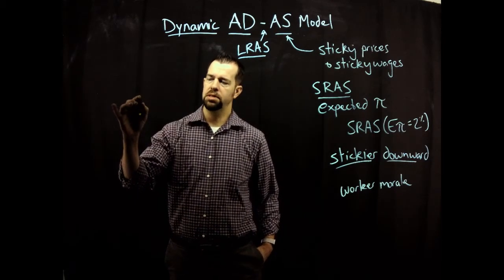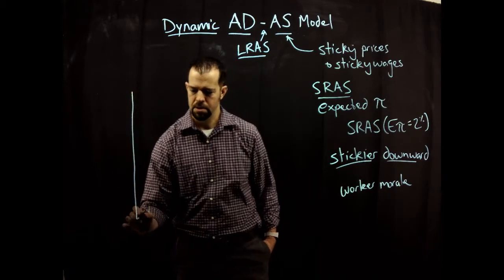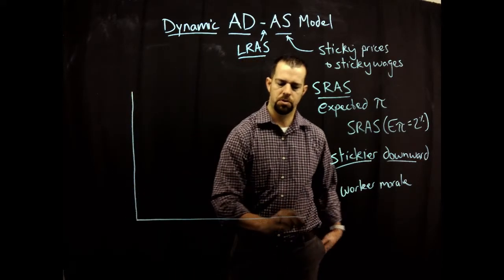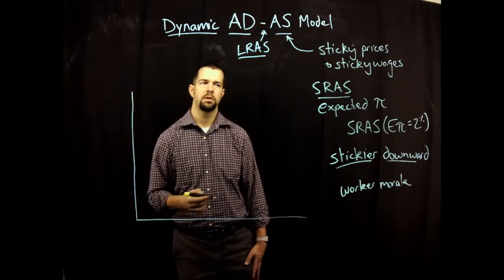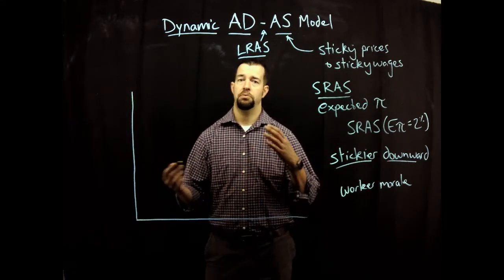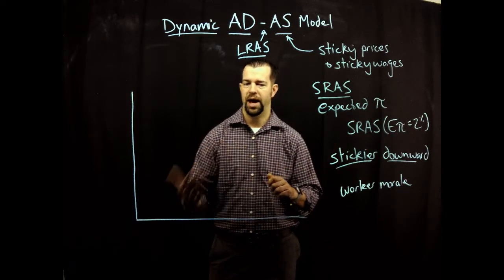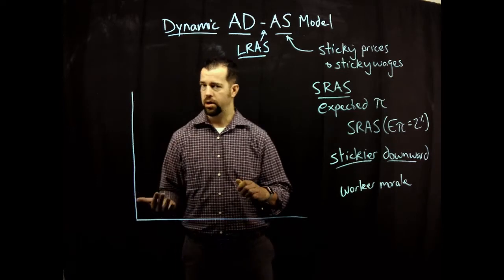All right, so what does this mean? Well, what the short-run aggregate supply curve is going to do is essentially map out a series of short-run equilibriums for the economy in response to positive and negative shocks to aggregate demand or long-run aggregate supply.